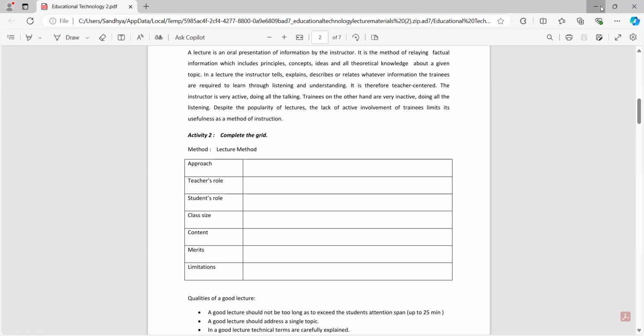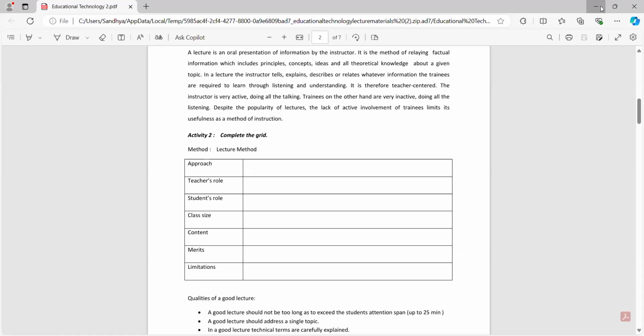It's very important at this stage. Have you heard of Dale's Cone of Learning? No, ma'am. I will show you Dale's Cone of Learning. This is very important at this time.